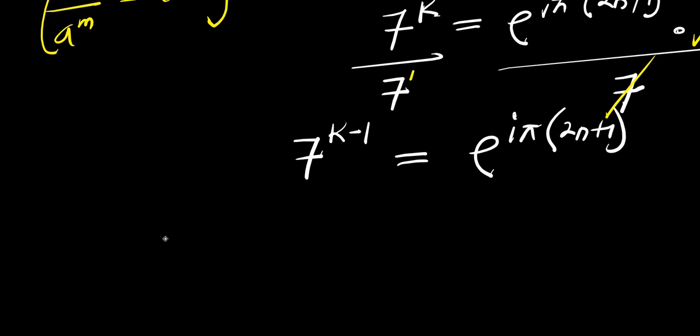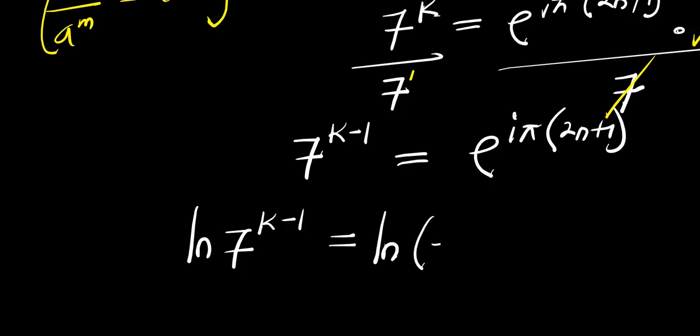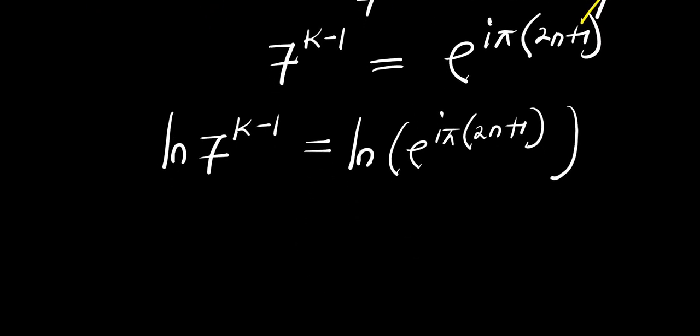We can decide to apply natural log. So we have natural log of 7 power k minus 1 equals natural log of e to the power of i times pi times 2n plus 1. Remember also, if you have natural log of a power p, this equals p times natural log of a.